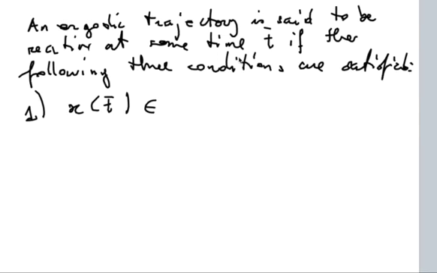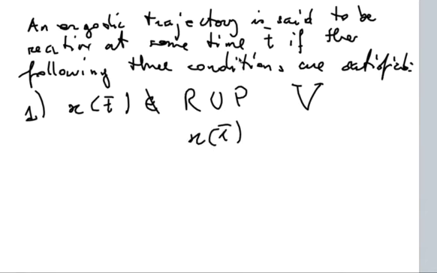So I can write it the following way: x does not belong to R union P. To be specific, if I call V the entire configuration space, then x at t bar belongs to V modulus R union P, which means the complementary region with respect to reactant and product together. But that's a mathematician's definition. We understand: you're neither in the reactant nor in the product.